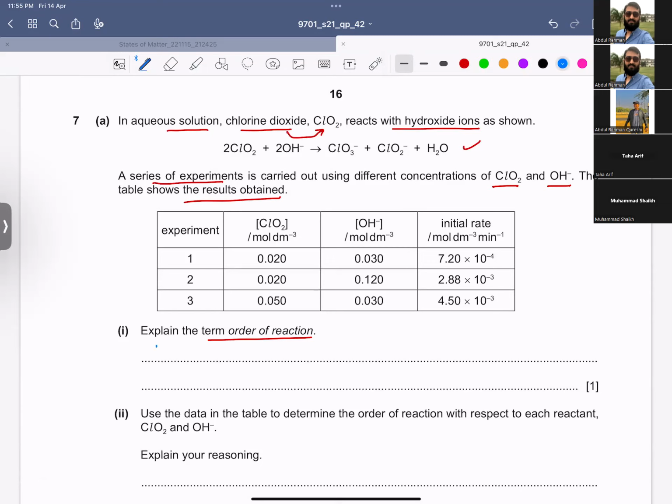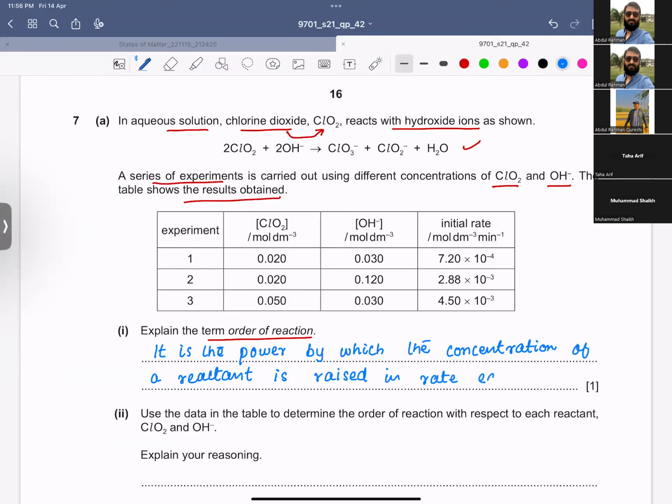So we can explain it as the power by which the concentration of a reactant is raised in the rate equation.